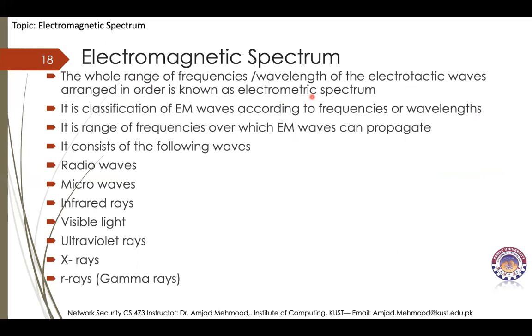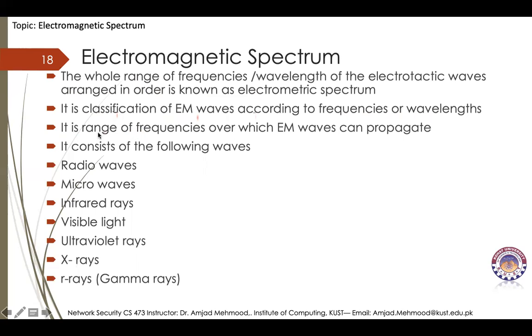Now, how are they arranged? They are arranged on the basis of their frequencies and wavelengths. I'll show you that on the next slides. It is a classification of electromagnetic waves according to frequencies or wavelengths.